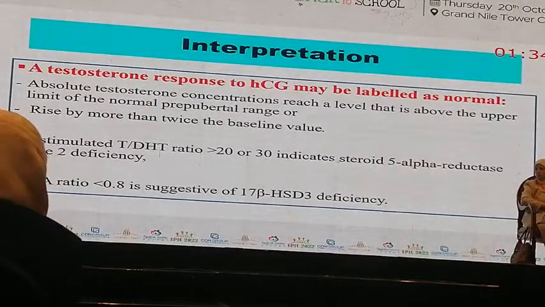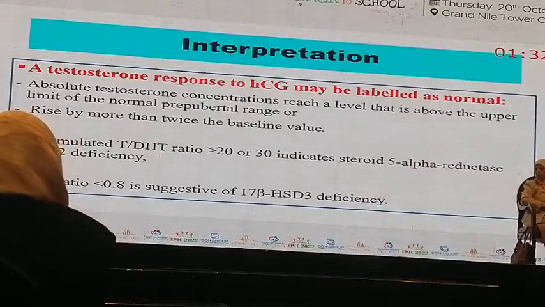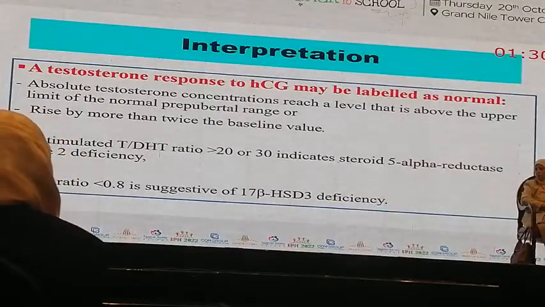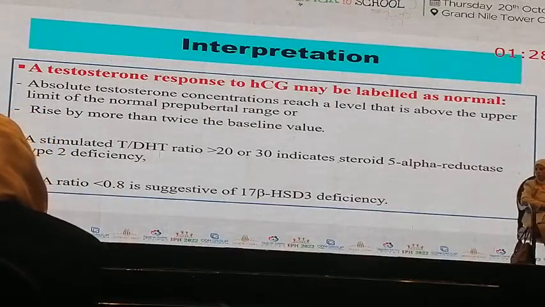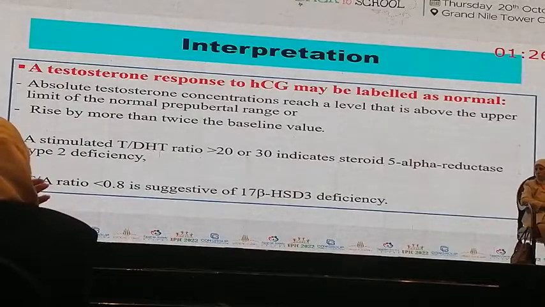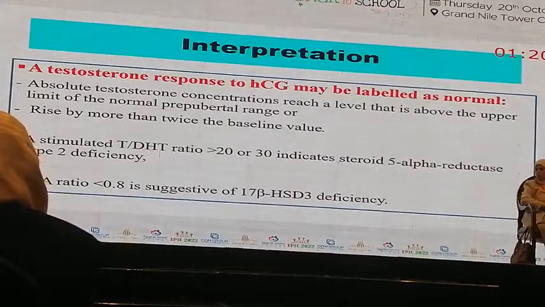For the interpretation of the test, the test is labeled as normal if the level of stimulated testosterone rises to double the basal level, or reaches the upper limit of the prepubertal values.